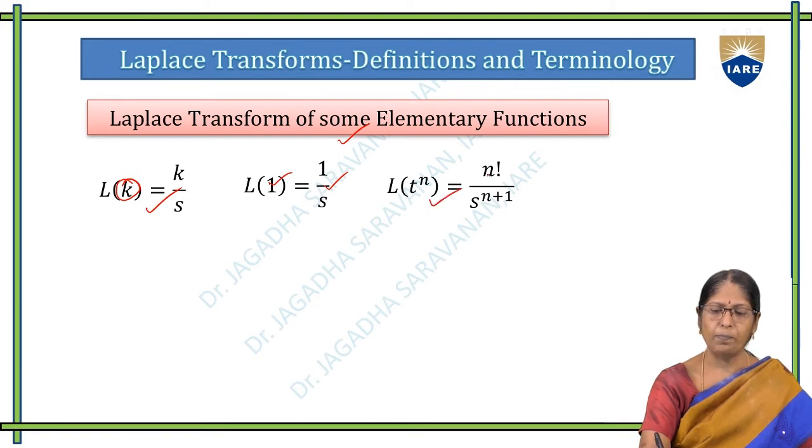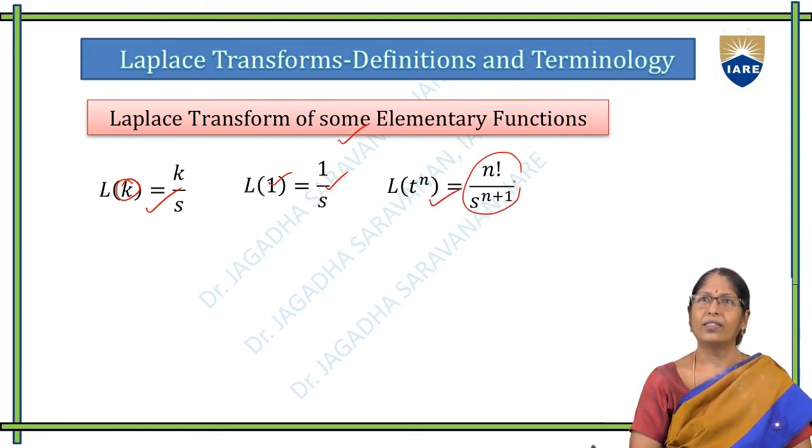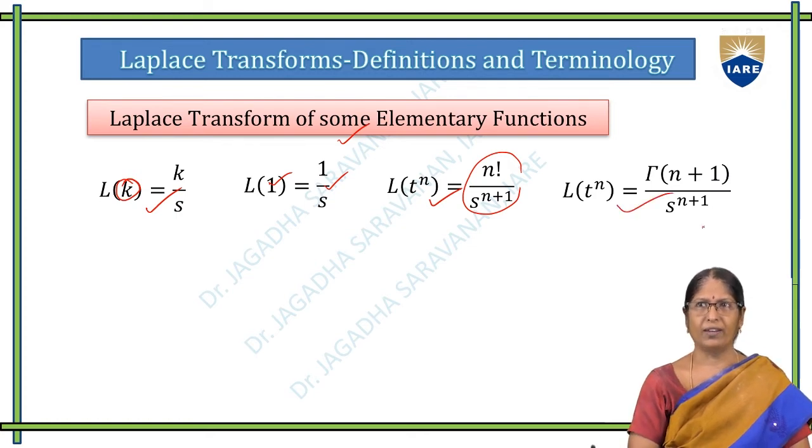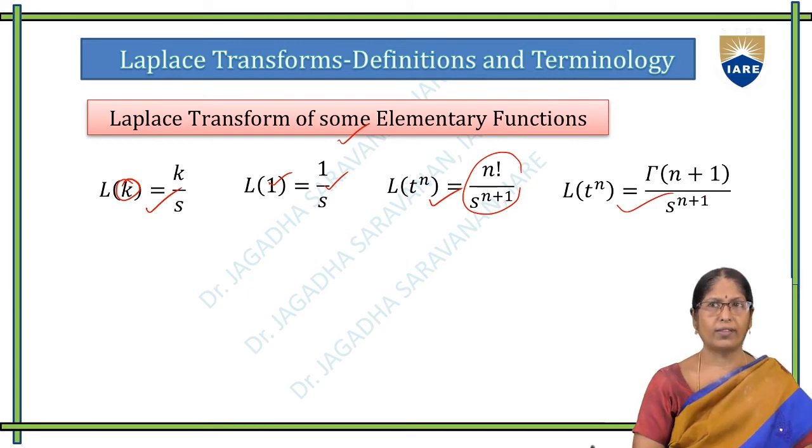L of t power n. This is the formula, that is n factorial by s power n plus 1. Next, L of t power n, that is gamma of n plus 1 by s power n plus 1. Two are there.